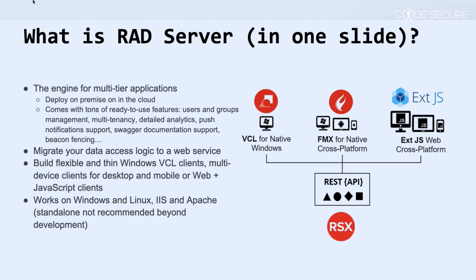So if it's end user security, user groups, multi-tenancy, full detailed analytics. So going back to being part of the microservice economy, you want to know what APIs are being used, how often they're being used, who's using them. That type of information is just pre-built into this.